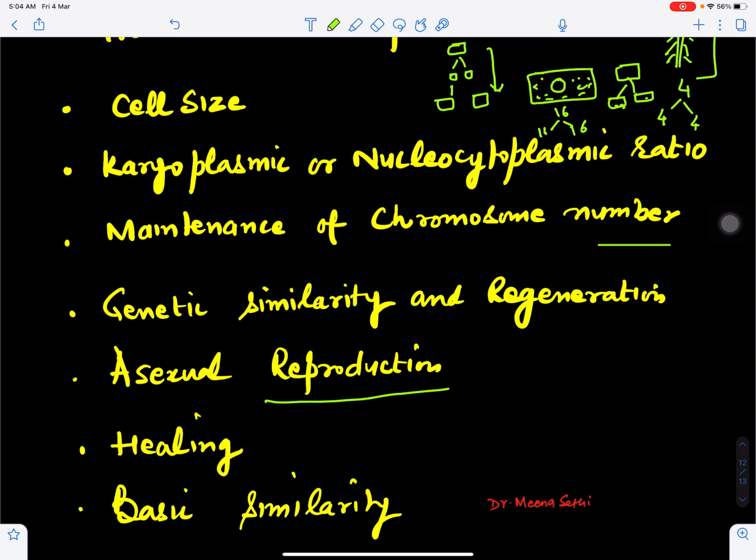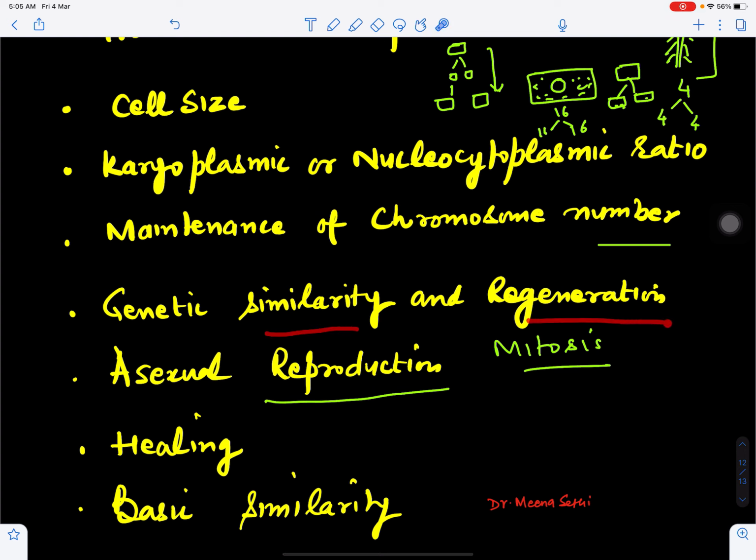If we sow a sugarcane stem, we will get a sugarcane crop. If we take a leaf of sansevieria or bryophyllum, we can raise a sansevieria plant from a sansevieria leaf, and a bryophyllum plant from a bryophyllum leaf. So this is with the help of mitotic cell division, or mitosis. So this helps in maintaining genetic similarity and regeneration.